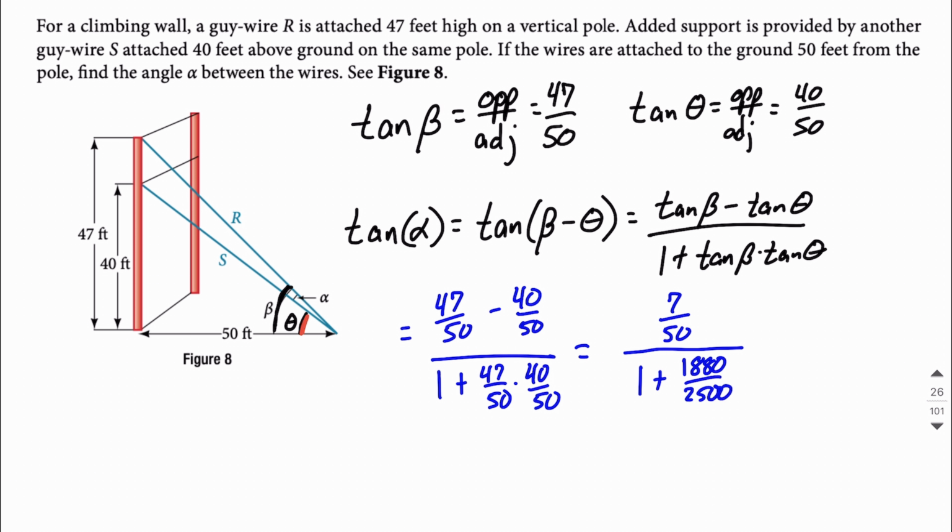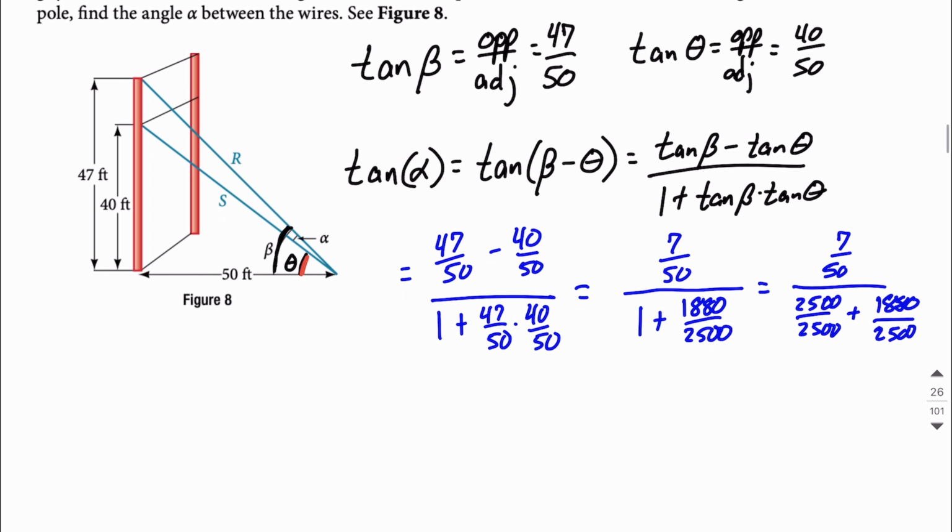Okay, more simplifying. Let's rewrite that 1 that's hanging out in front so it has a common denominator. Let's give it the same denominator, 2,500 over 2,500, plus 1,880 over 2,500.